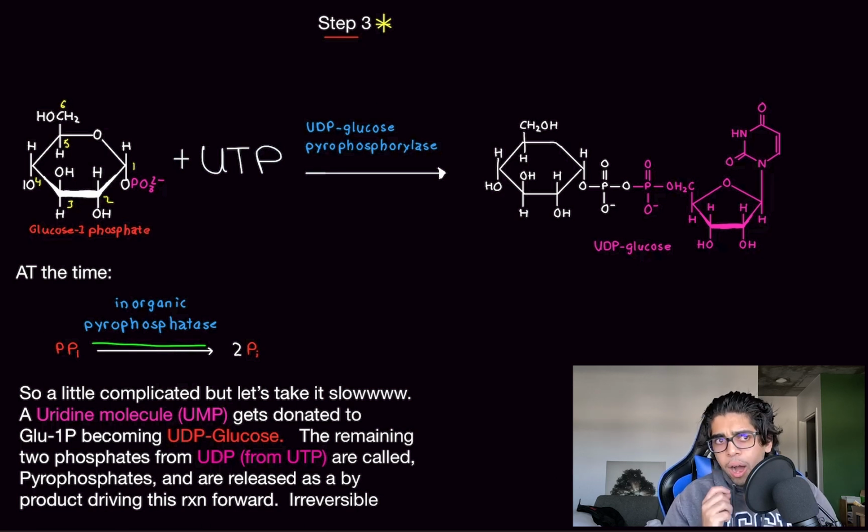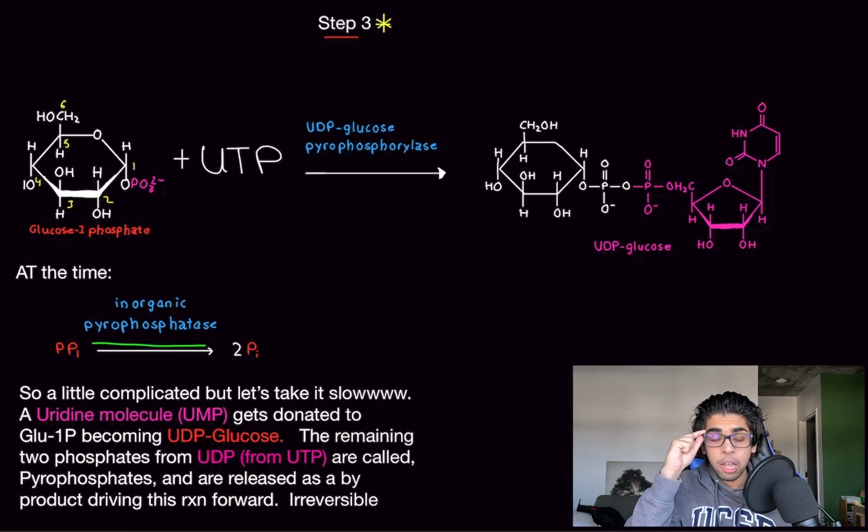Now you're probably thinking, why is the final molecule called UDP? Shouldn't it be UMP glucose? Because we only stripped away 1 phosphate from UTP, right? 1 phosphate meaning monophosphate. So shouldn't it form UMP glucose? I see that logic, I totally do.